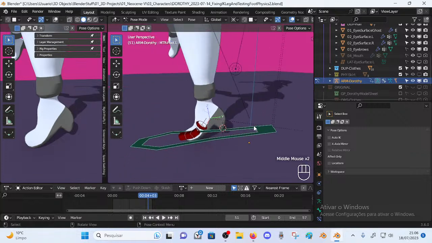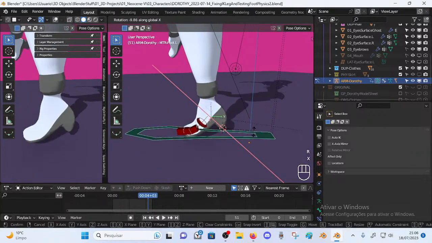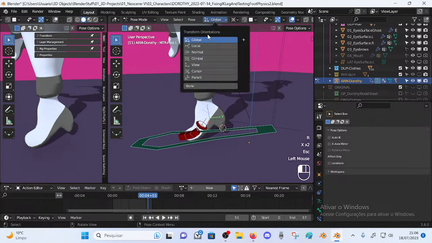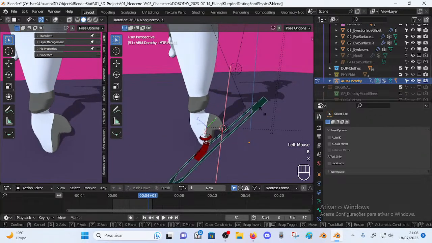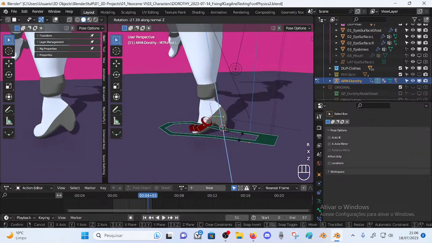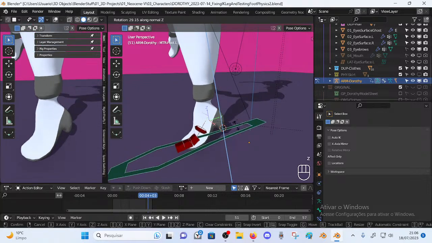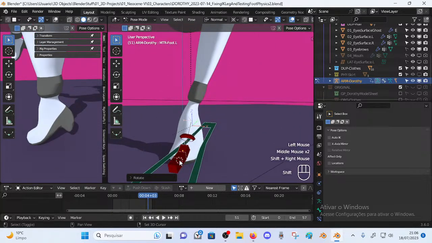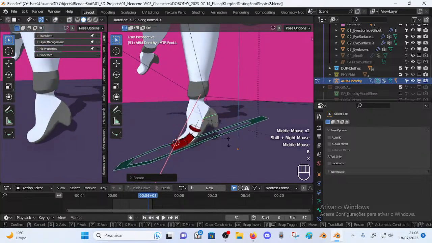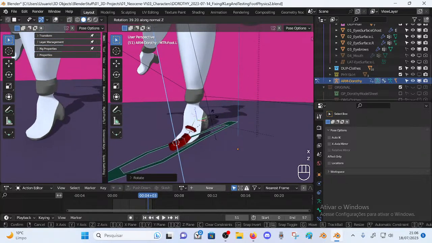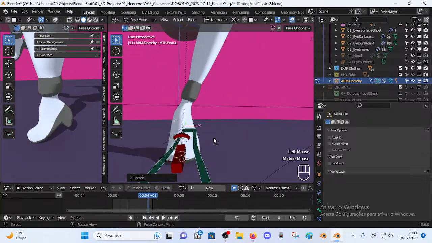So you see, here we have some... Wait, maybe this makes some difference. Yes, okay, so here I can pivot the foot bone from exactly the same thing that those bones were doing.